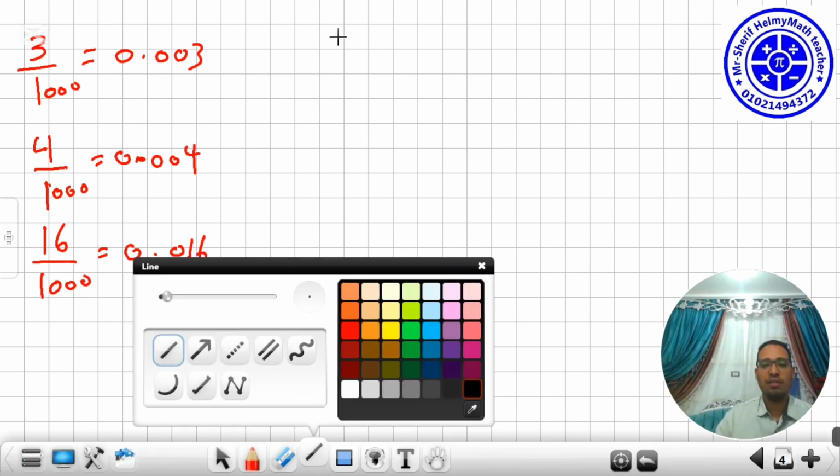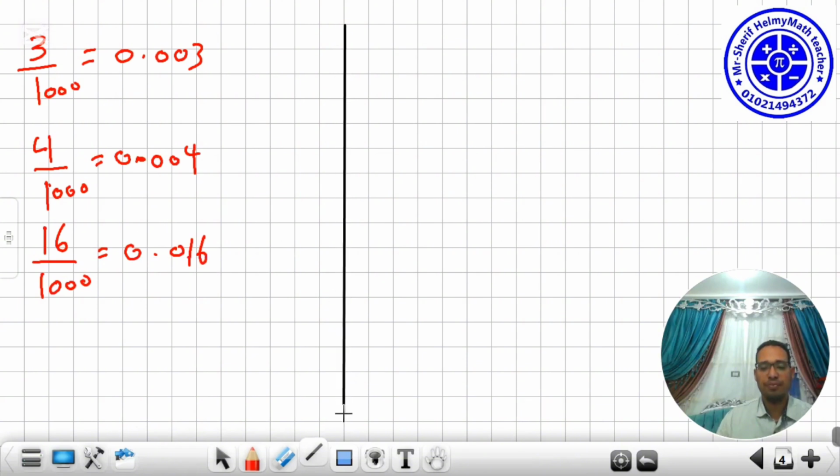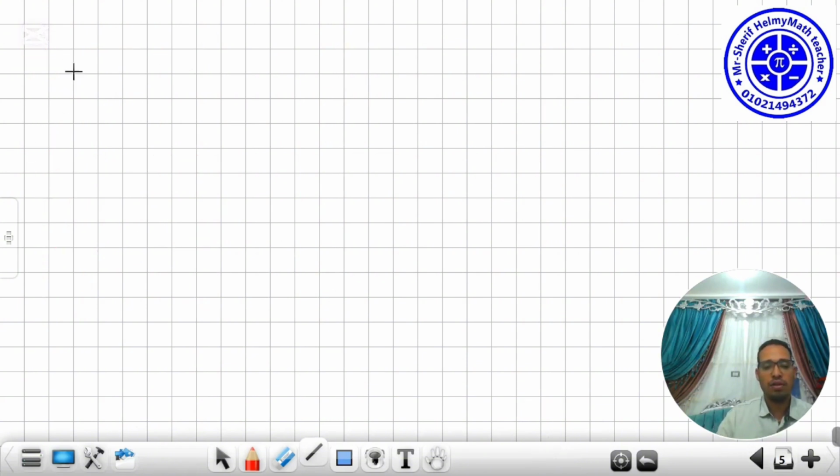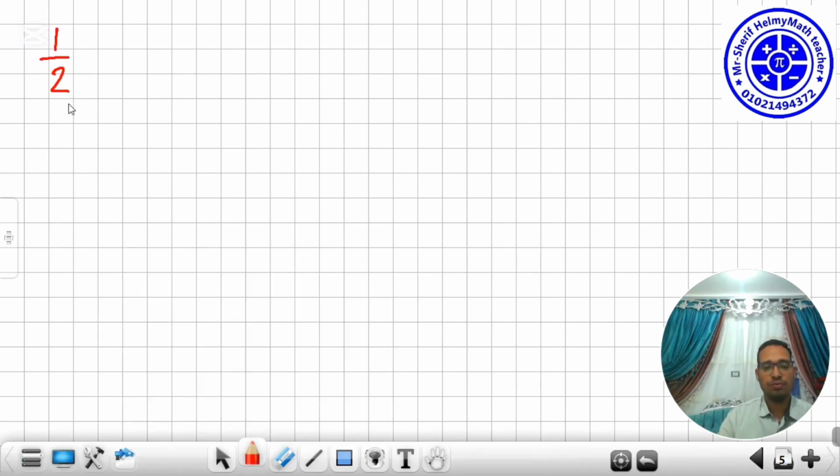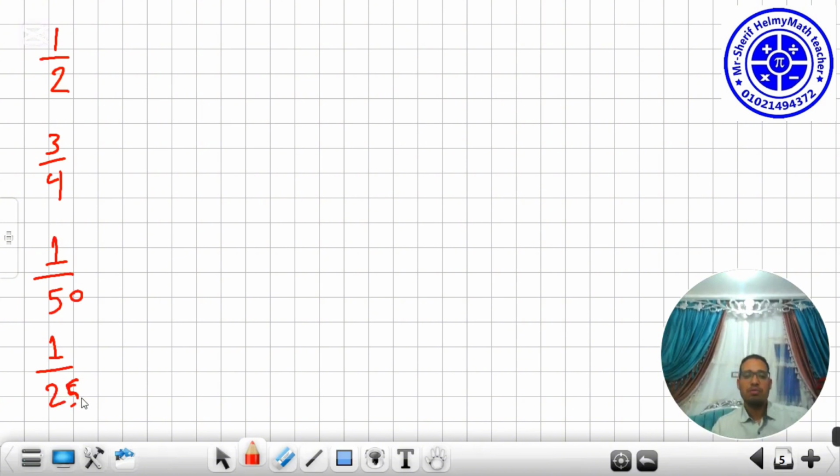What about if the denominator is not equal to 10 or 100 or 1000? Like, for example, 1 over 2, 3 over 4, 1 over 50, 1 over 25. We need to convert all of these fractions to decimal. But how? We said that the denominator must be 10 or 100 or 1000.